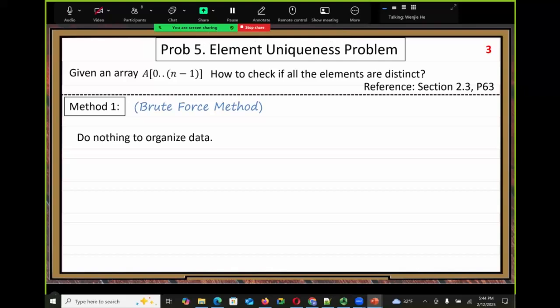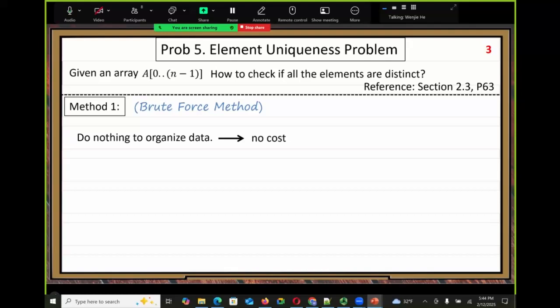But in general, in problem solving, many times people, before they work on the solutions, need to spend some time to organize data.